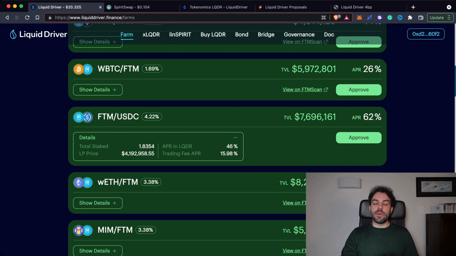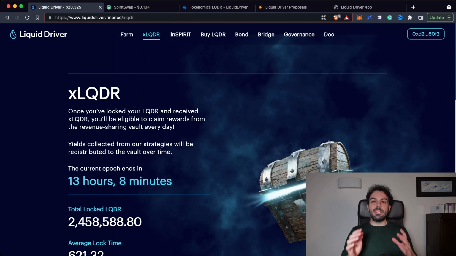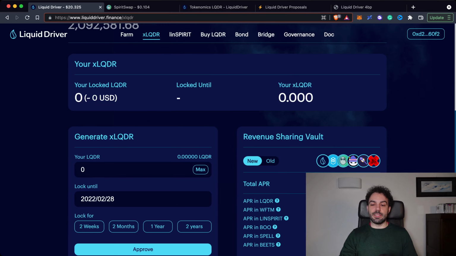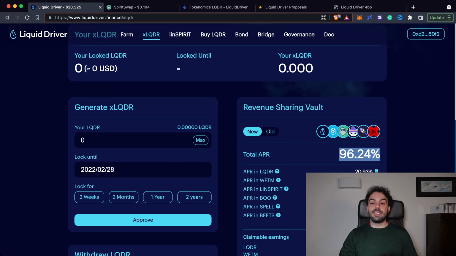At the moment you receive these tokens, you can also stake them. When you stake them, it is like earning a double reward, because instead of earning just your 62%, you will earn another, in this case right now 96%, on top of your 62%.